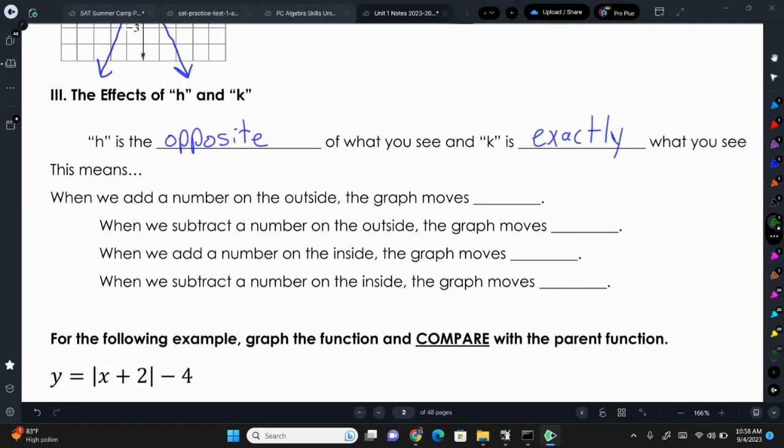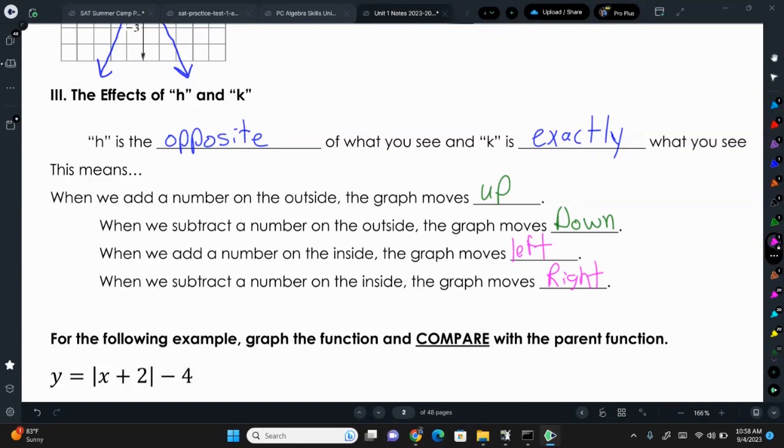So what this means, when we add a number on the outside, the graph moves up, that vertex moves up. If we subtract a number on the outside of the absolute value bars, the graph goes down. If we add a number on the inside, it moves in the opposite of what we would think, so it's going to move left. And if we subtract a number on the inside, that vertex moves right.